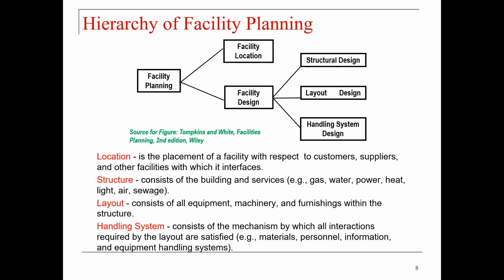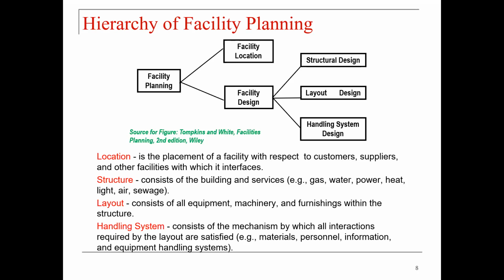That problem of finding the best location for that new warehouse is what we call the facility location. The facility design is once you have the location of the facility and you have the building, how do you design the interior of the facility so the processes that you are going to perform are efficient and are designed in a way that you can complete the goals for the process or for the company.